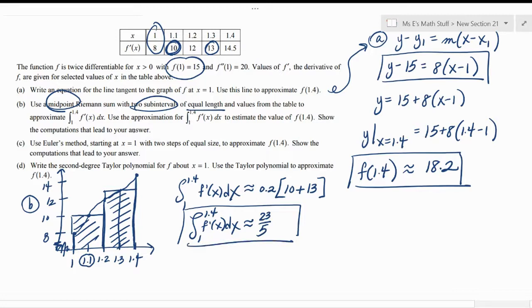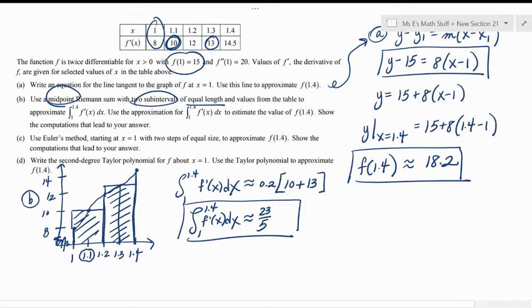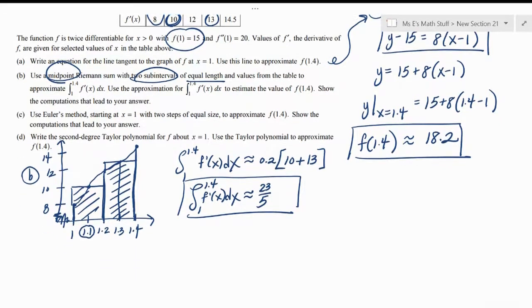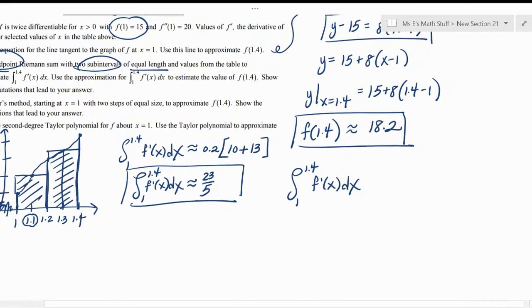There we go. Now it says to use that approximation to estimate the value of f of 1.4. So I would start by interpreting the integral using the fundamental theorem of calculus. If you find the antiderivative of f prime, you would get f, and then you'd plug in the upper bound and the lower bound and evaluate.